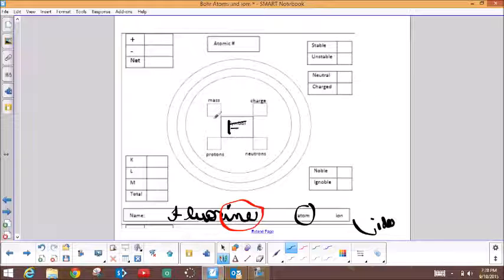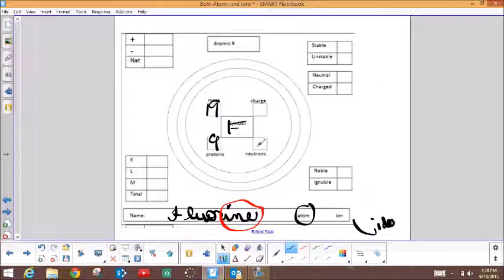The numbers that you can get off the periodic table: you can get the number of protons from the atomic number. That's the number 9. And you can get the mass number off of the periodic table as well. For fluorine, it is 18.9 something, and we're just going to round that to the closest whole number, which is 19.